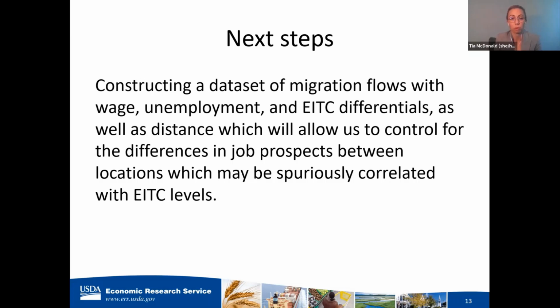We don't control for any other policies that might be coupled with EITC. Maybe states are likely to implement something else in conjunction with EITC, which is possible. I don't know what that would be off the top of my head, but we're looking at exploring some of these things. So if you have any ideas, I would be so happy to hear them, or questions. But yeah.